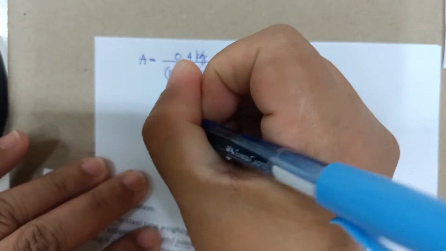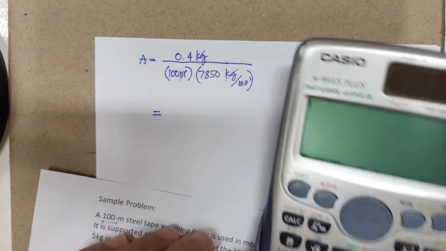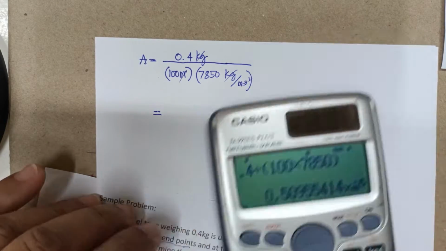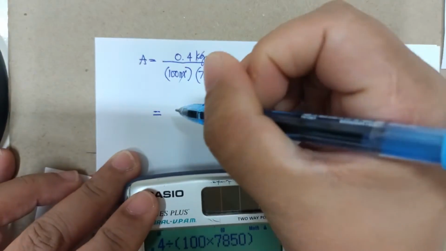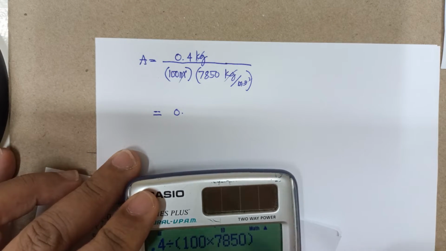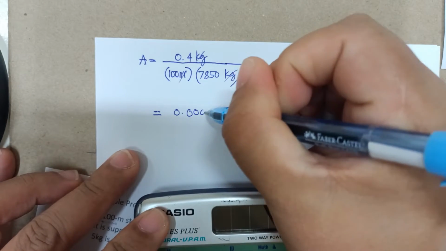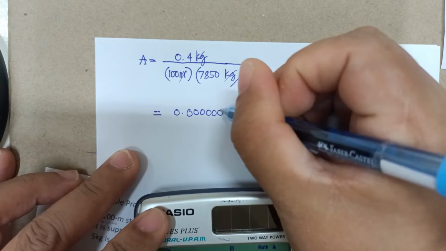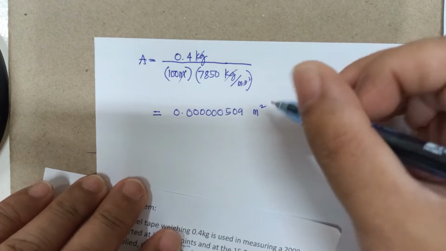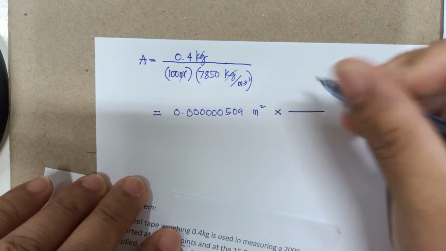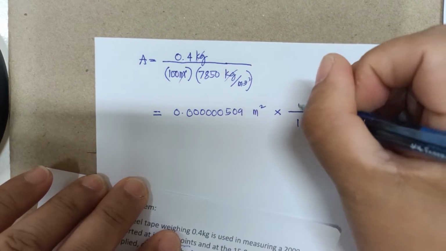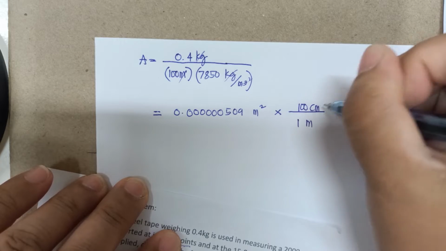So we have area is equal to, and converting into centimeters, we know that in 1 meter there are 100 centimeters.